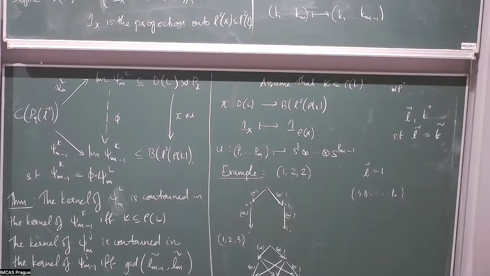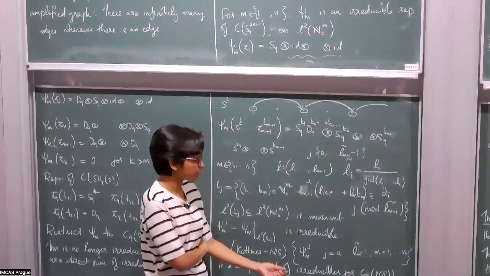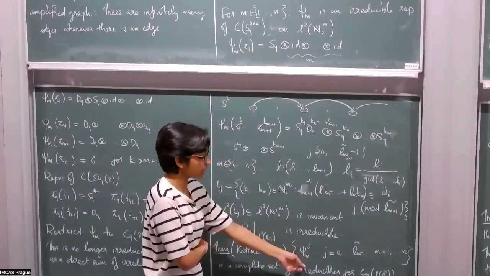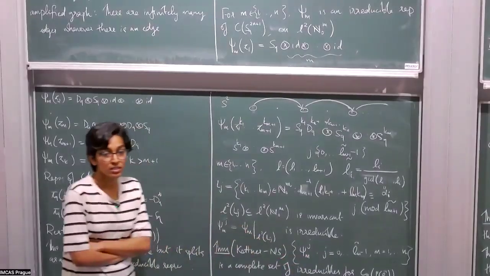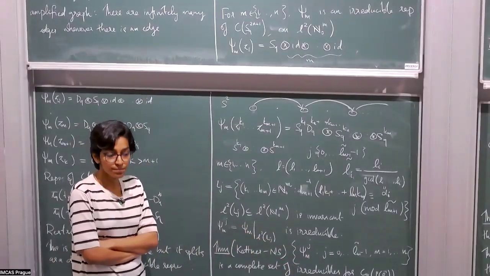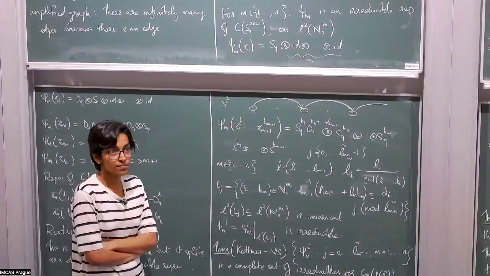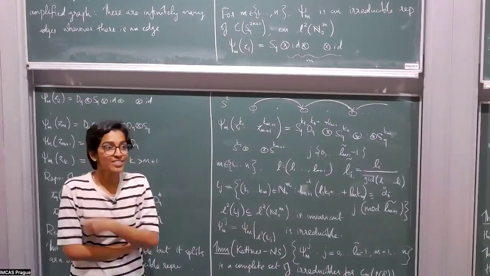Yes, by complete set, I mean that if you have an irreducible representation of the weighted projective space, then that is going to be one of them. So this is all of them. If you find any irreducible representation, it is going to be unitarily equivalent to one of these. Oh, okay. Thanks.